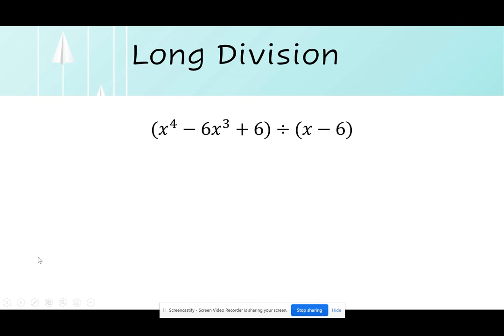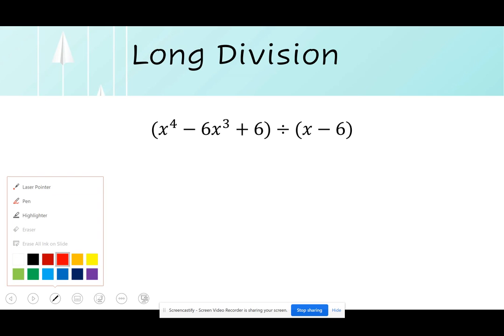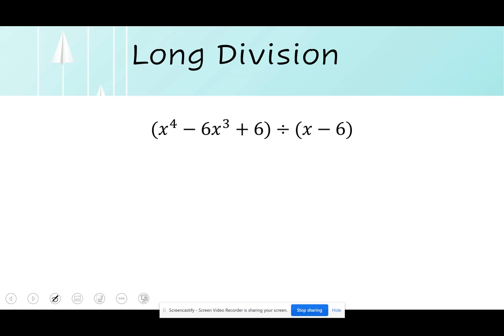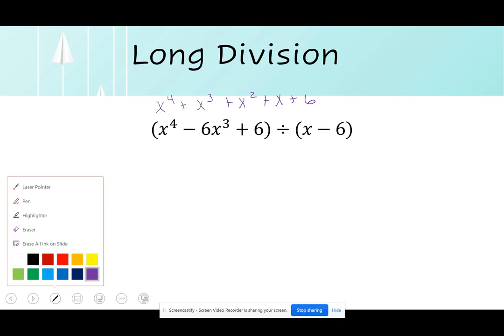So now we're going to look at one more example where, as I mentioned, you have to put in 0 as a placeholder. So in these, we're missing terms. So if we had x to the 4th, normally we would have x cubed plus x squared plus x plus 6, or whatever numbers are in there.